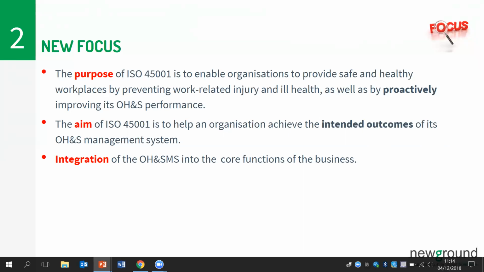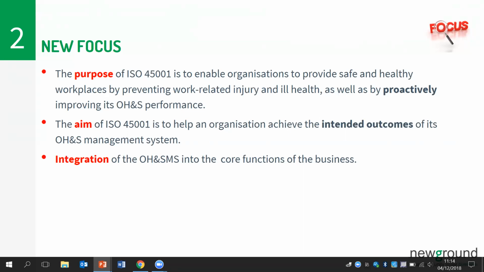The aim of the standard is to ensure that you meet the intended outcomes of your management system. Intended outcomes is a new terminology which is used quite extensively throughout the standard as the driver for what your business should intend on achieving through its safety management system. Intended outcomes is an important term for you to understand and get your head around, as it is repeatedly used throughout the standard.